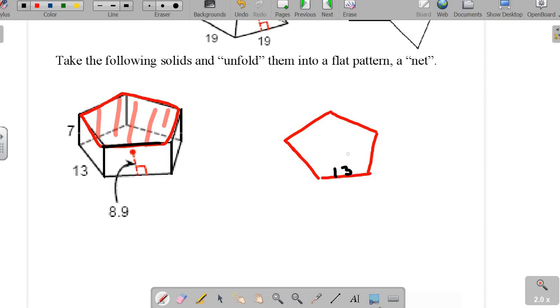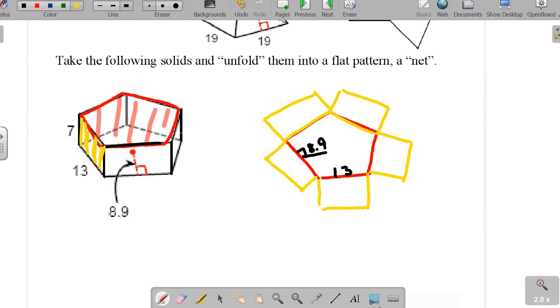My apothem at a right angle is 8.9. Now, I have these rectangles, and there's 5 of them. So I'm going to draw those rectangles as if they're the flaps. 5 of them. And I do want you to pull over the dimensions. Not only are you drawing, but you are visualizing where those dimensions are. So for example, this is 13, and then this edge length would be 7 on all of them.